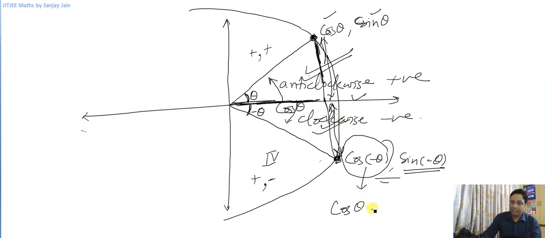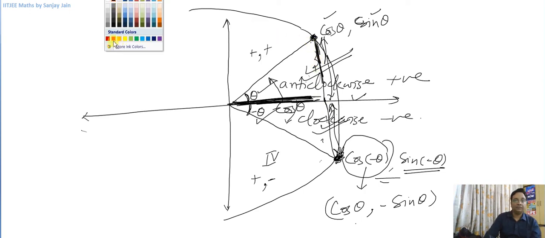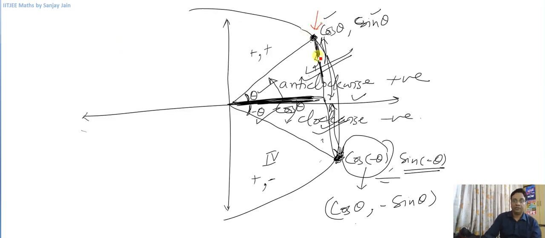So I can write it as minus sine theta. Or you can see from the diagram also that for both these points, the horizontal length is this, right?